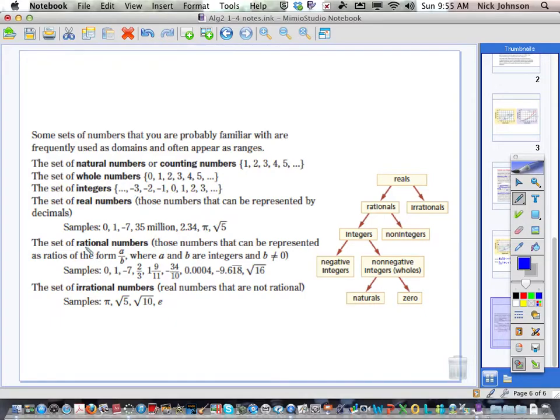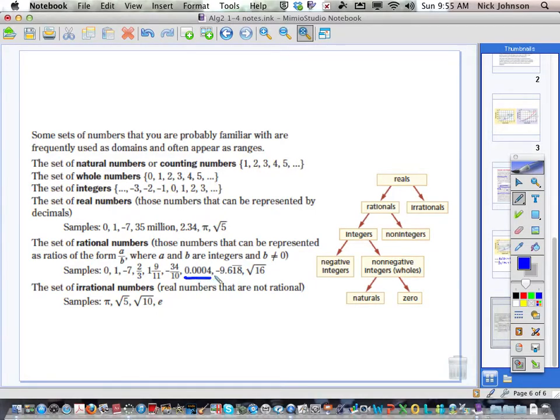Rational numbers, what a lot of people get mistaken about. Rational numbers are numbers that you can write in the form a divided by b. You can write it as a fraction. Okay? This also includes terminating decimals and repeating decimals.